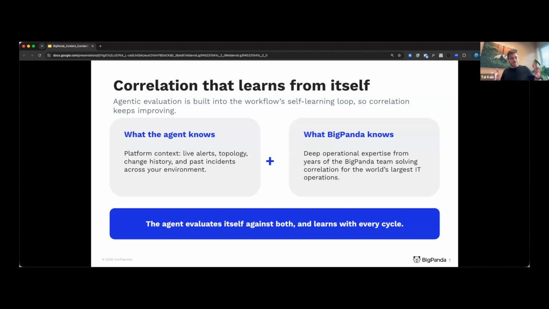You're starting from a much better milestone or checkpoint. We don't need to go back and start from the ground up looking at the raw information. And the L2 is an expensive role from our customers' point of view, so they try to minimize as much as possible the time that L2s are spending on tickets.